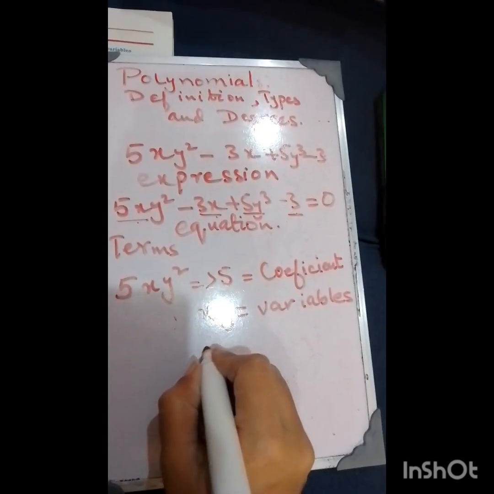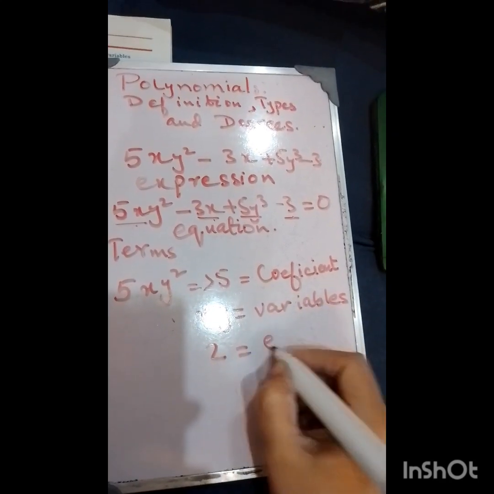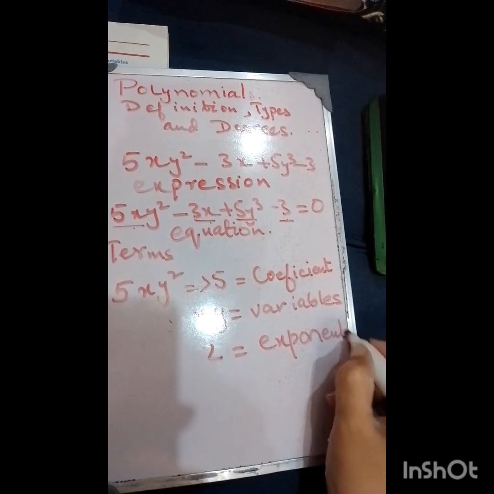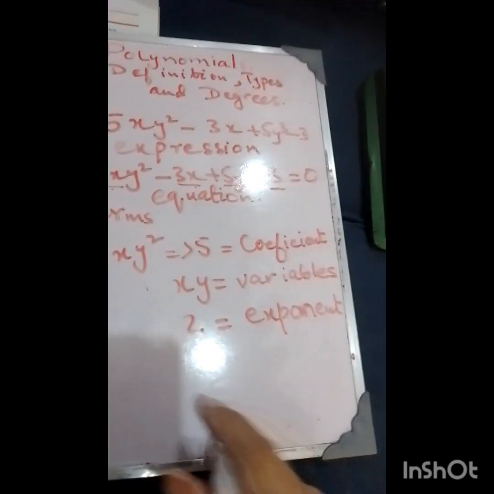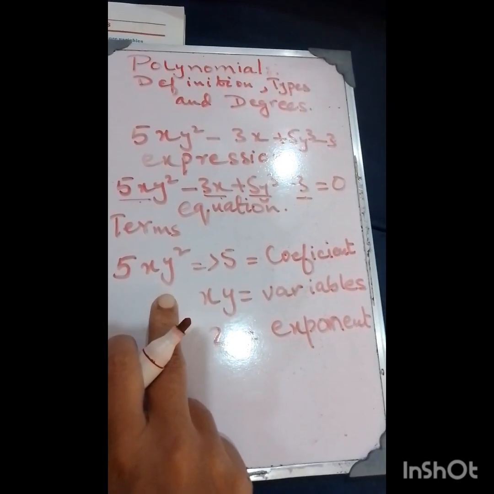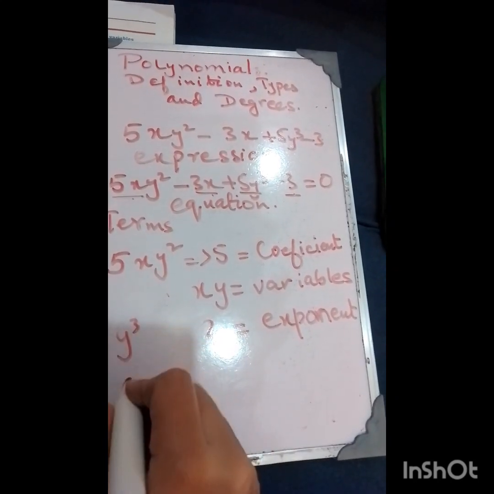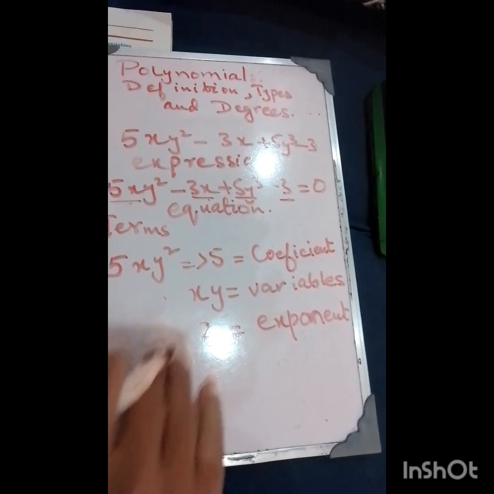So this 2 is the exponent, or you can say power. We generally call it y square. If it is written like y cube, y3, you will call it cube. So it has a degree of 2.